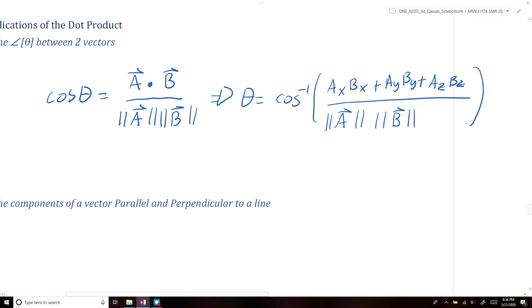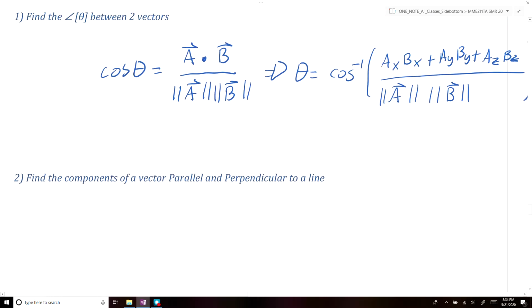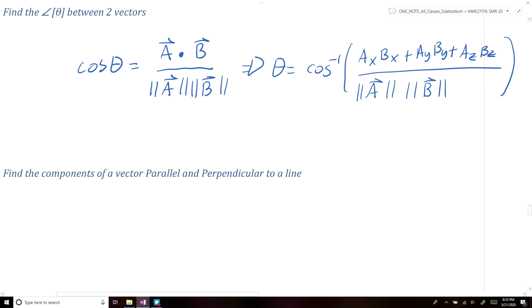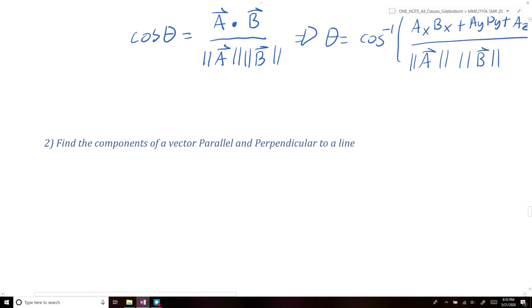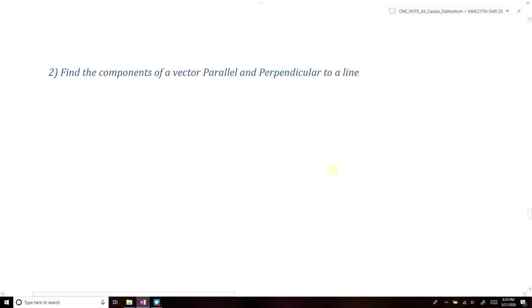The second application is that we can find the components of a vector that are parallel or perpendicular to a line. We're just going to show this in 2D, as it'll be a little simpler.